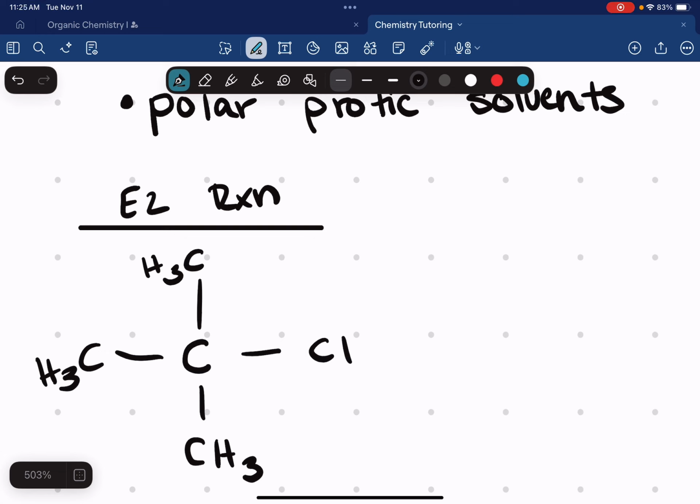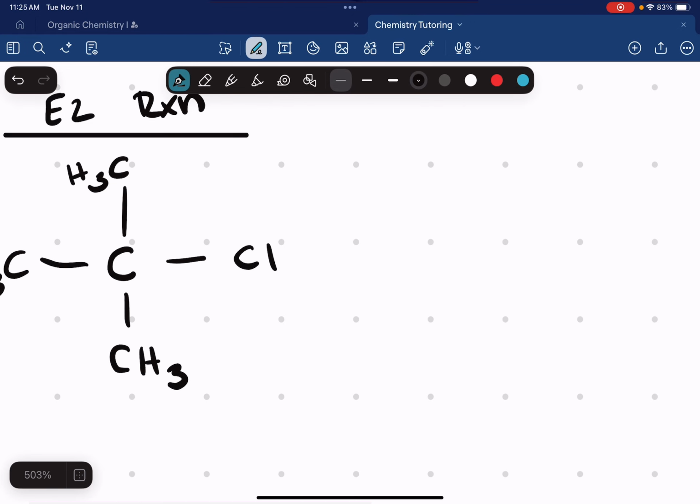But for E1s, because it's going to have that intermediate, a secondary or tertiary, because it's more stable, those are going to be something that you see reacting better for E1 reactions. The main thing to pay attention to when you're trying to distinguish is going to be the strength of the base, and we'll go over strong bases later, but the strength of the base is going to be the biggest thing.